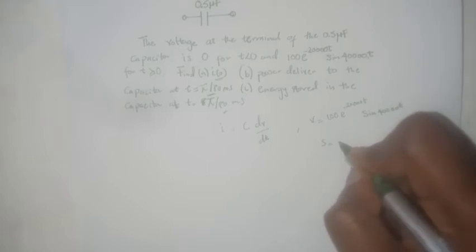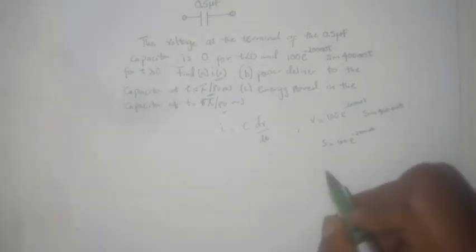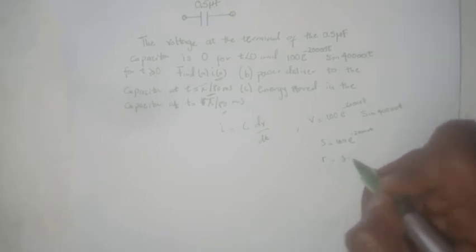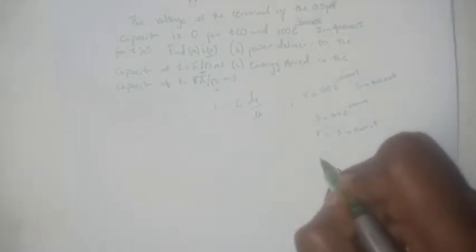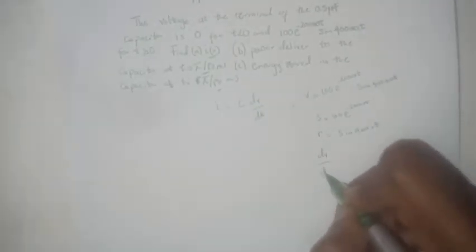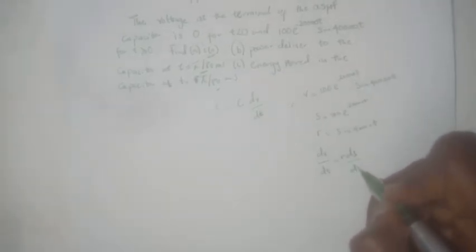Let's call S 100 e raised to the power minus 20,000 t, and let's call R sine 40,000 t, and we know that dV/dt will be equal to R dS/dt plus S dR/dt.